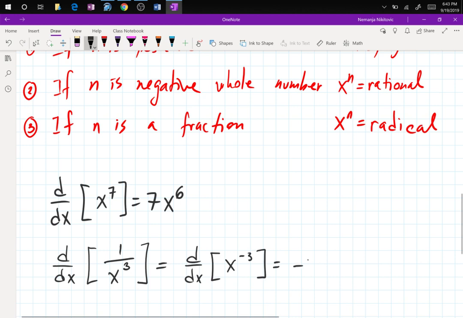Drop down the exponent as is, and then take away 1, so negative 4. So now we have negative 3 x to the negative 4 as the answer. So stare at this, make sure it makes sense, and run it against the formula.